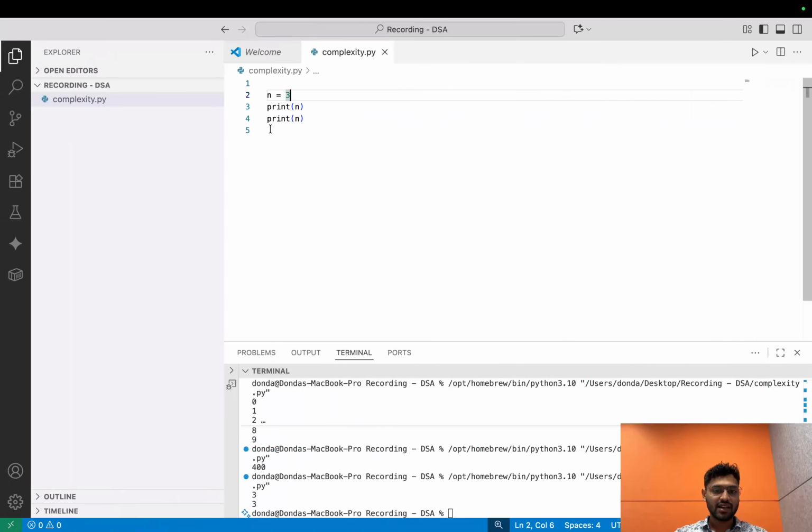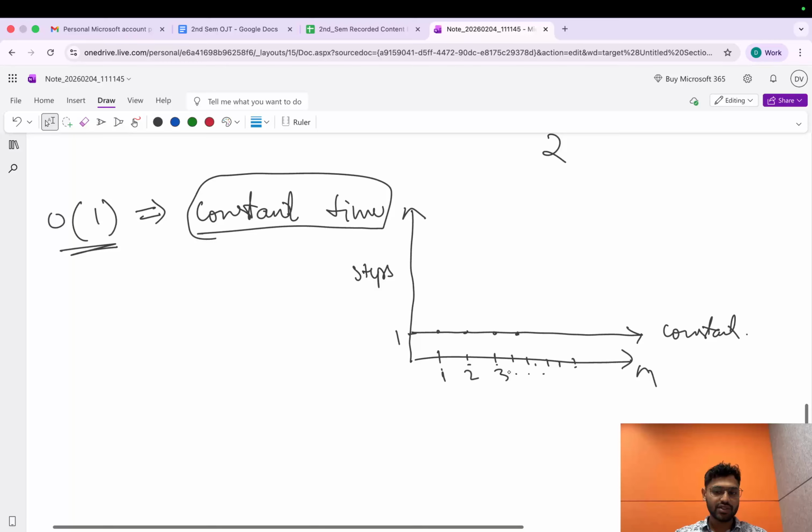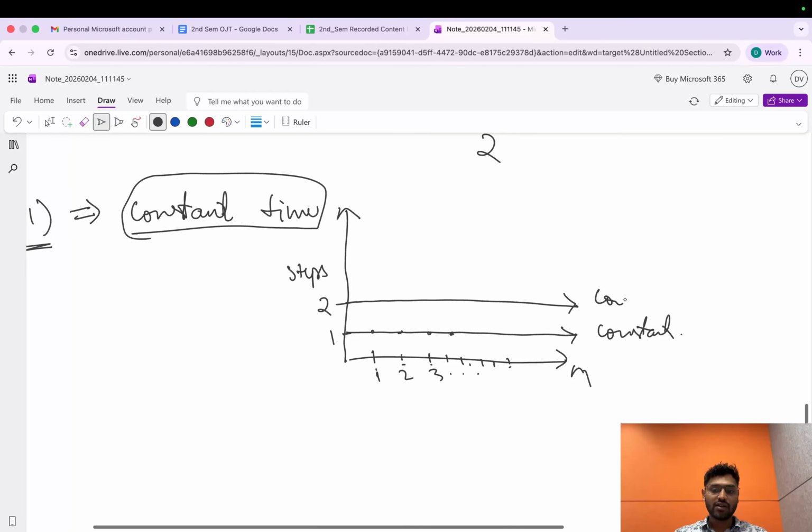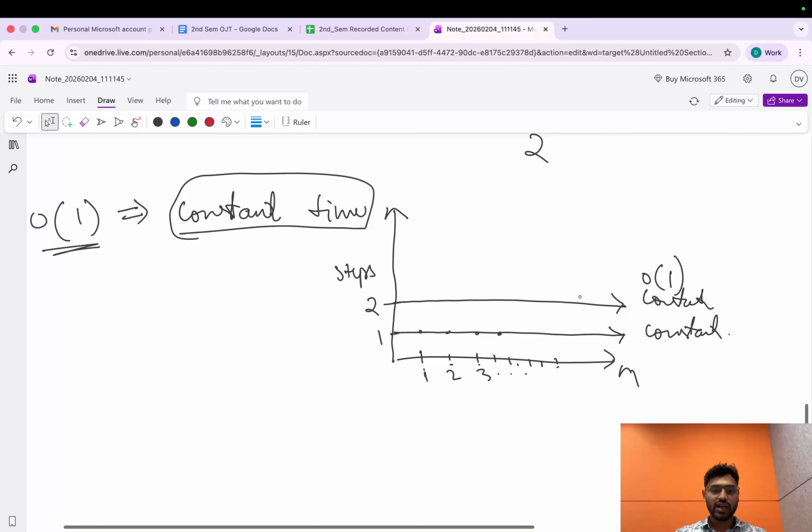We are printing 2 times, which doesn't matter. If n value is 1, 2, 3, or 1000, we are running only 2 times. How does this line look to you? Constant, right? So big O of 1 doesn't mean we are running 1 time.